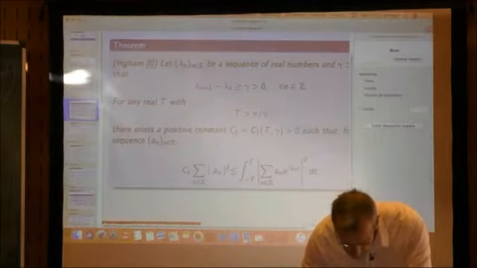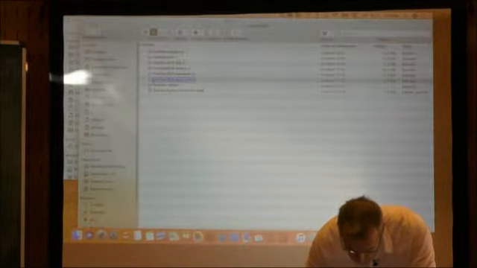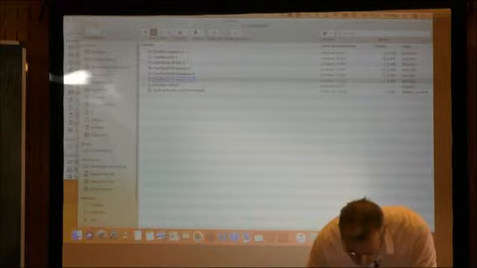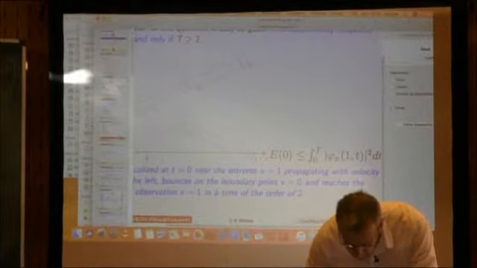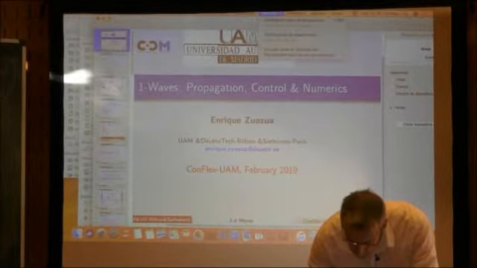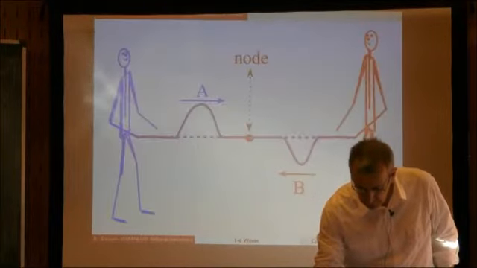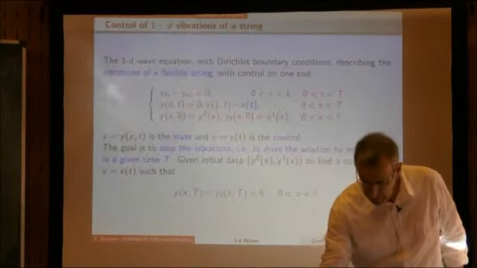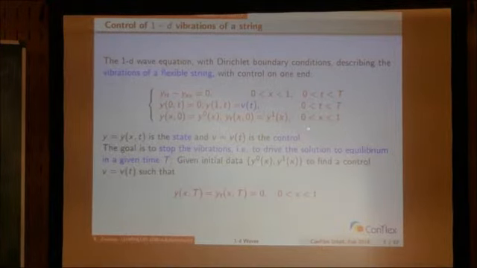This is important as well. Be careful. For the following reason, I said, okay, I need to compute the control for the wave equation. I know this will be possible for t greater than 2.